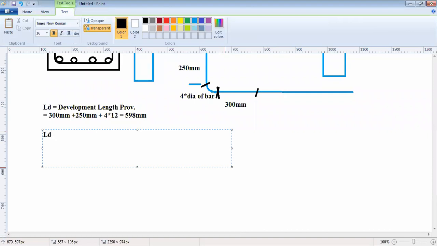Now LD required, what is required as per code, is the minimum. This is the minimum which is required as per code: phi, the dia of bar, into sigma s, divided by 4 tau BD.